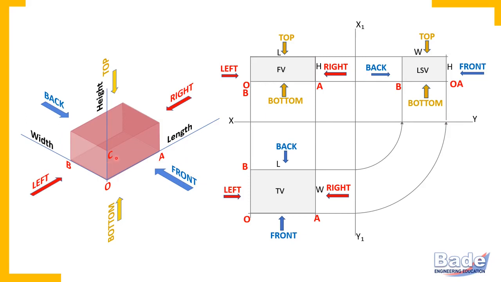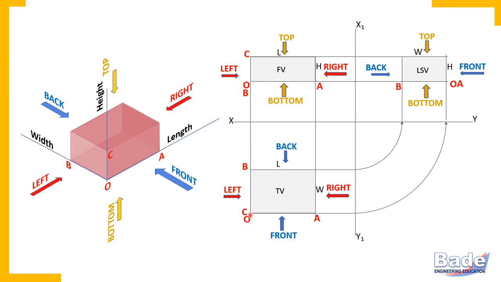Point C is on the front, but in front view, front back are insignificant. So to locate point C in the front view, check whether it is at top or bottom. So point C is at top and it is on the left side. So here it is point C. In the top view, point C is, check here, point C is on the left side and on front. So this is left and this is front.